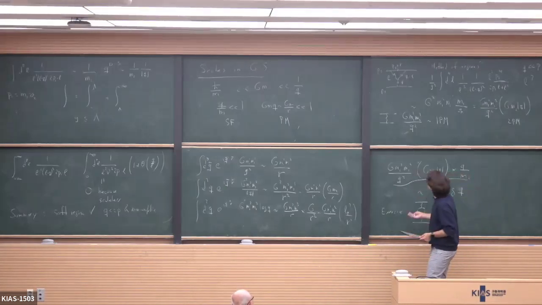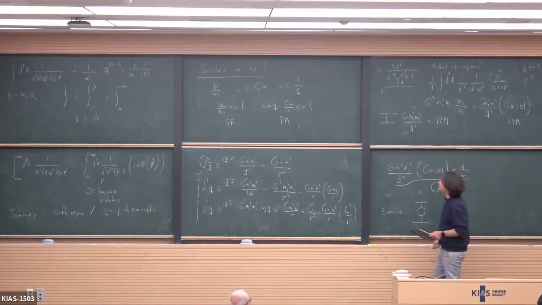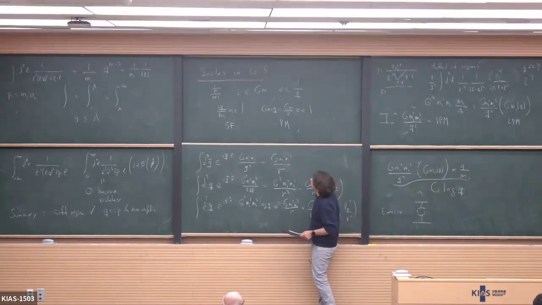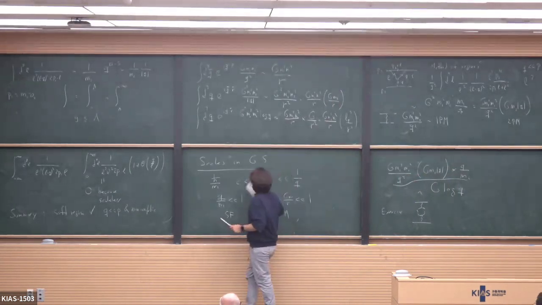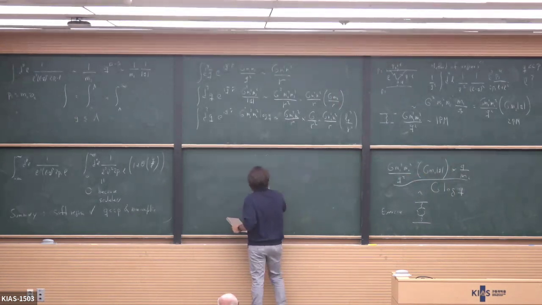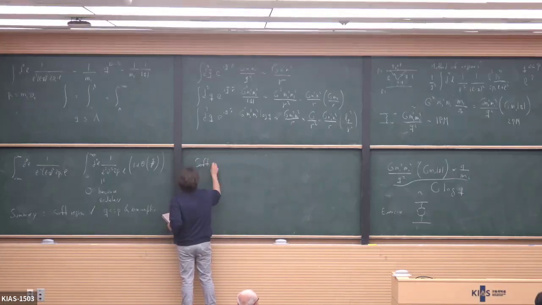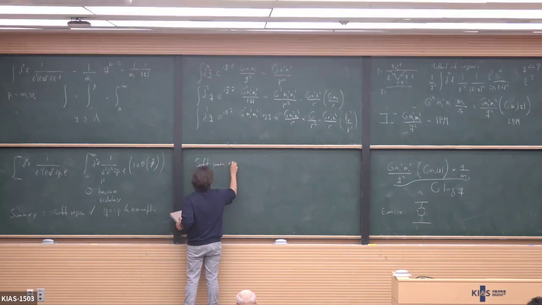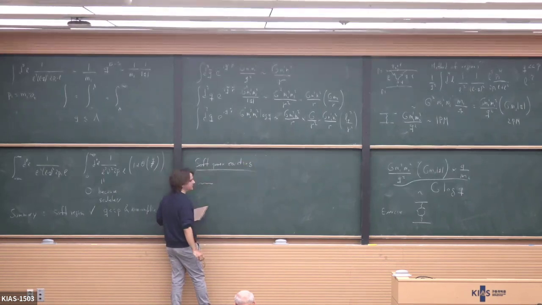Okay, so let me summarize the rules. Here I did it by an example, where I actually computed the corrections, but I think it would be useful if I just summarize the rules. For the soft power counting, we have a graviton propagator.